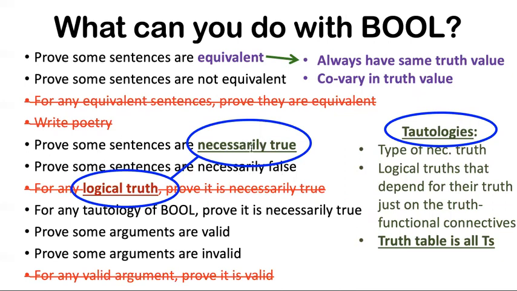It can do that when what we're talking about are sentences that are necessarily true or false because of the truth functional connectives, like the Boolean connectives. But that doesn't mean for any part of logic at all, Boole can prove it. There are some logical truths that fall outside the purview of Boole, and Boole's going to just be blind to those things. So all the ones that it can do, necessarily true and false, that's the tautological realm, because the tautological concerns the truth functional realm. Tautologies are just the truth functional necessary truths.